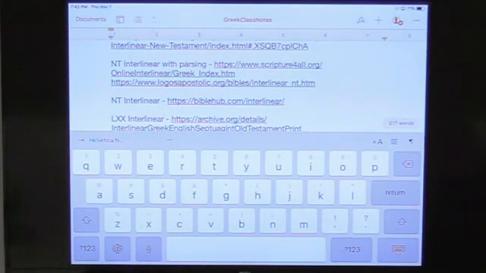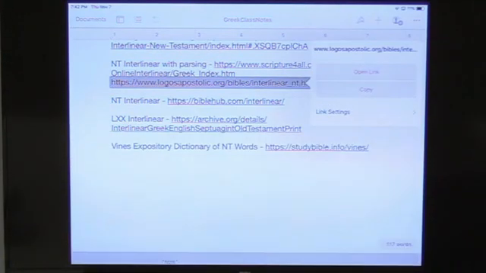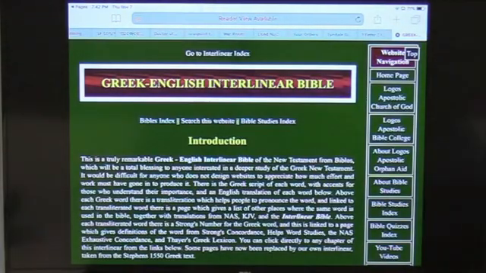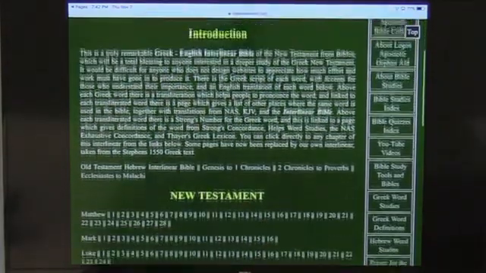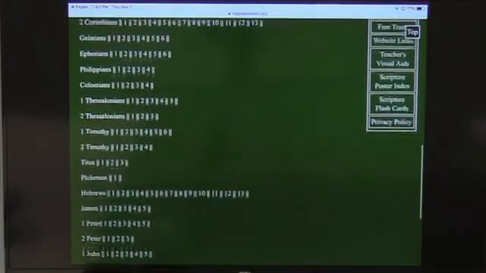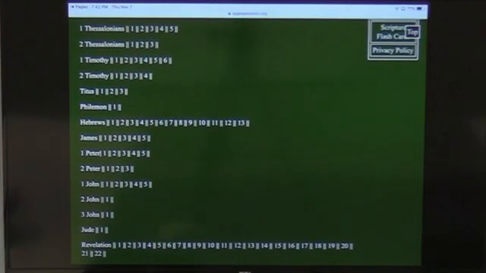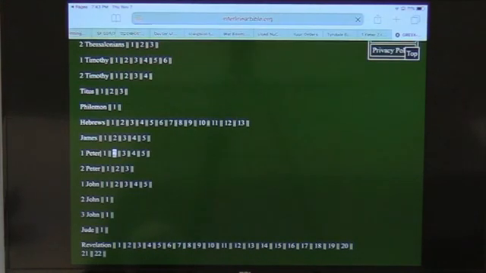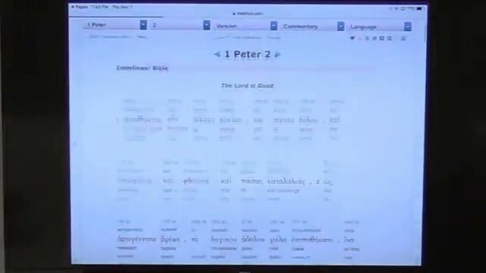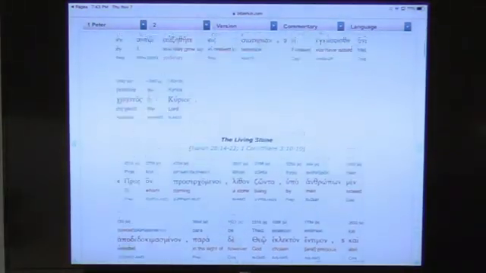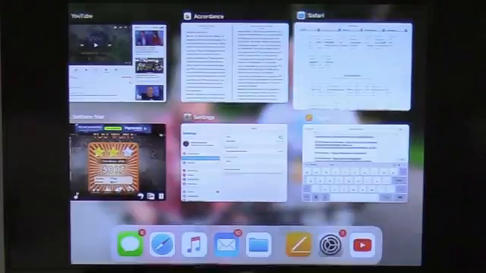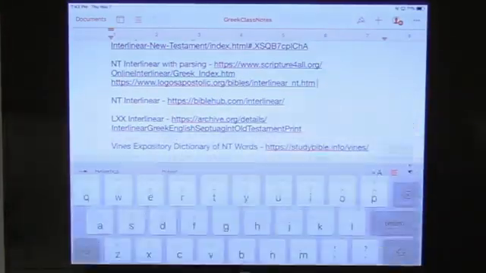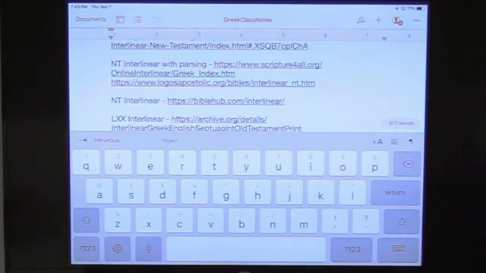It's not Scripture for All. Maybe it's this one here. So 1 Peter 2:3. Oh, this is what I was just looking at. Not what I wanted. That's Bible Hub.